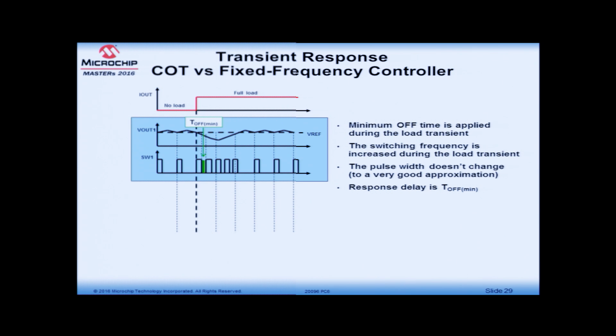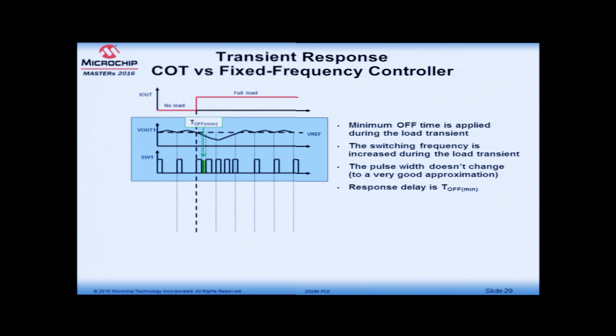It applies the minimum off time, and if the output voltage is still below the reference, it immediately initiates another pulse. It does not wait for another clock cycle, because there is no clock. It immediately initiates another pulse, and so on till the output gets corrected and comes within the regulation window.